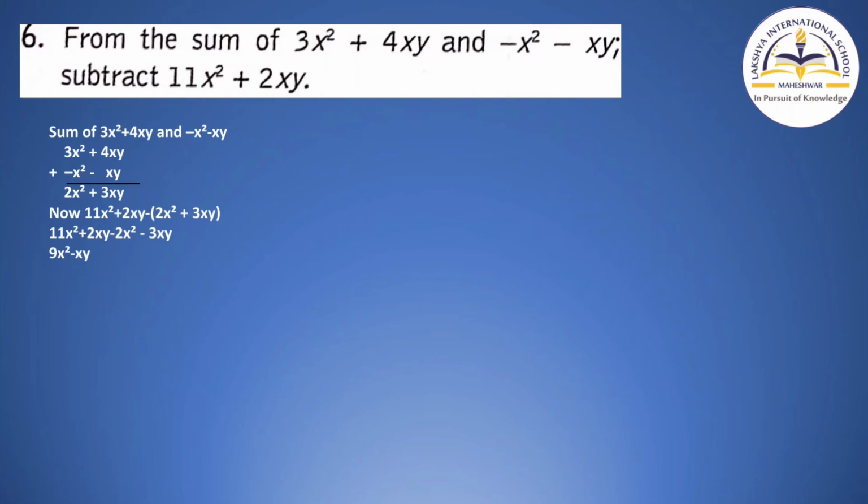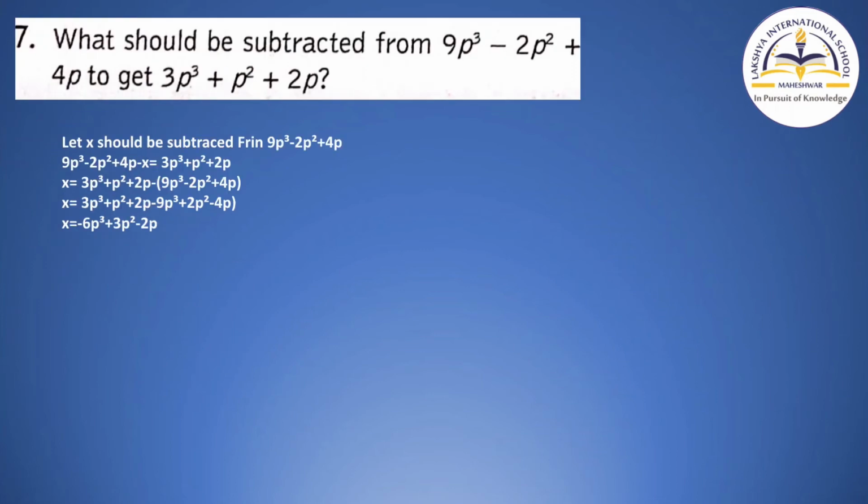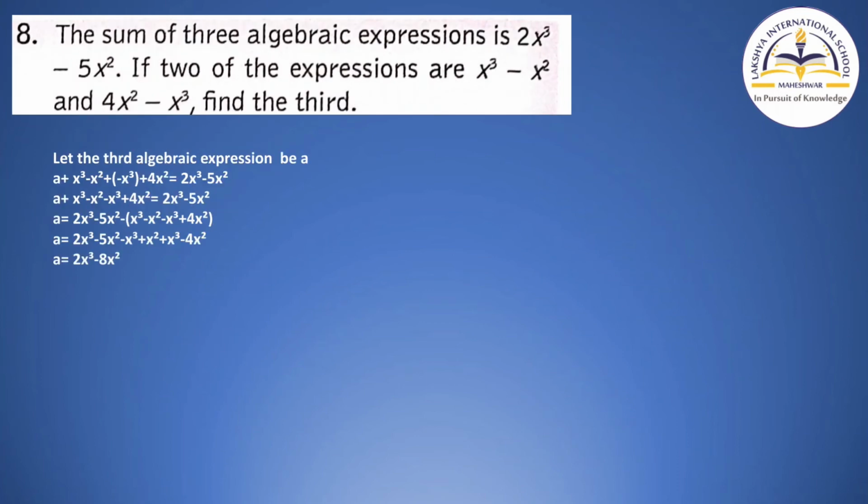Now question number 6, in the same manner you have to solve as you solved in our previous question. Now question number 7, what should be subtracted from 9p cube minus 2p square plus 4p? Again, subtraction is given here, so we have considered minus x here. Now in the same manner you have to find the value.